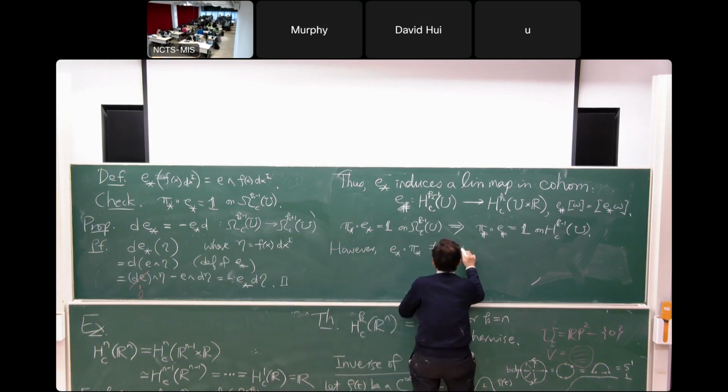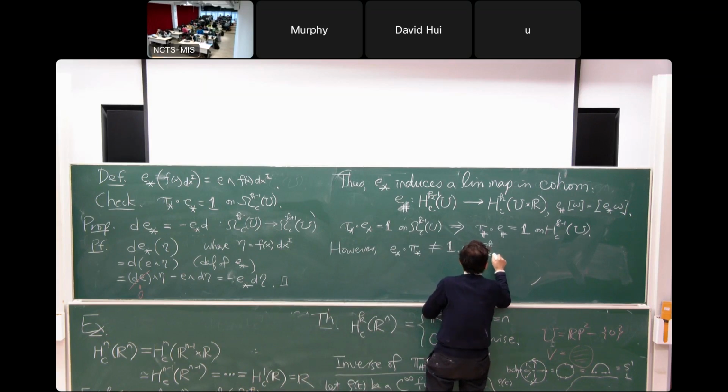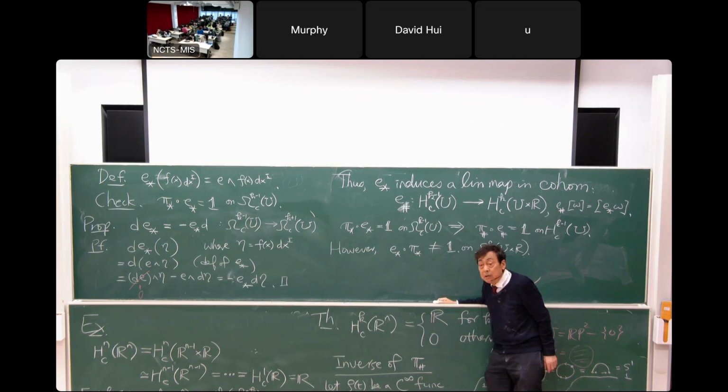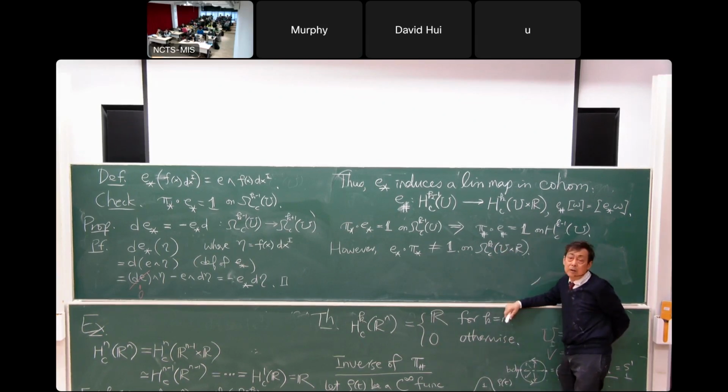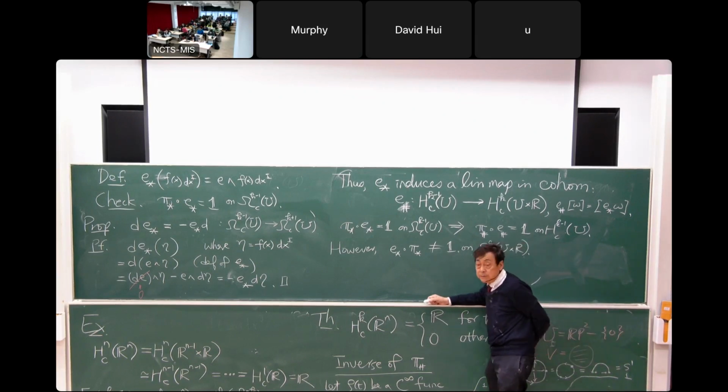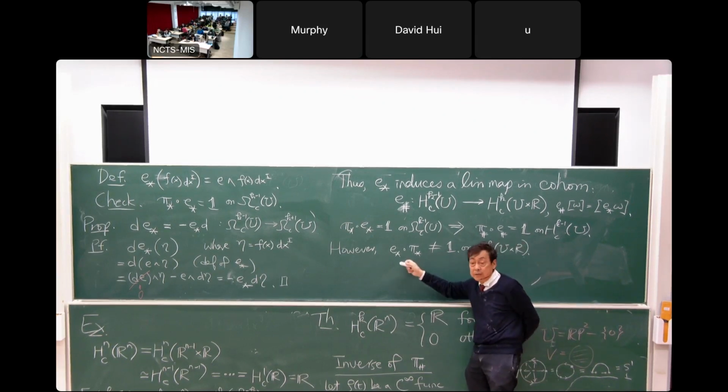On the forms with compact support. But we don't actually need it to be the identity. We only need the induced map in cohomology to be the identity. And so the theorem is that there is a cochain homotopy between these two maps. And you know that whenever you have a cochain homotopy between two maps, they will induce the same map in cohomology.